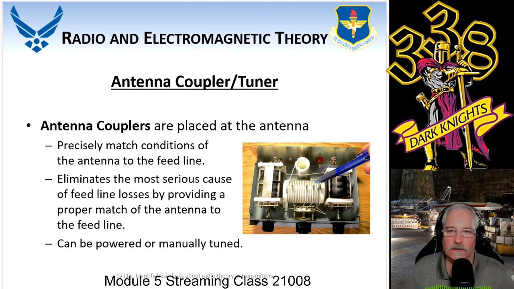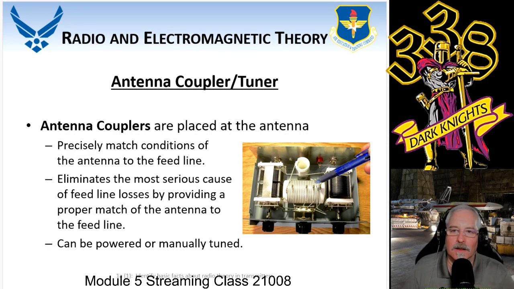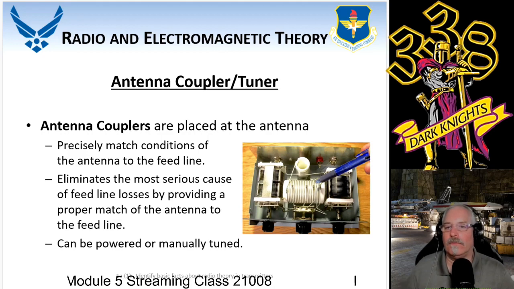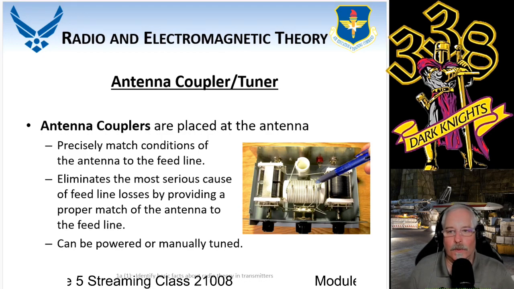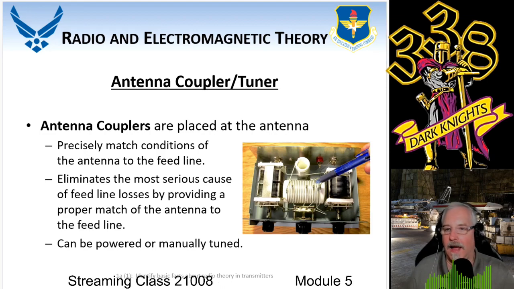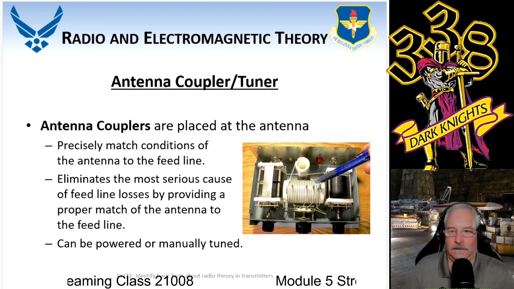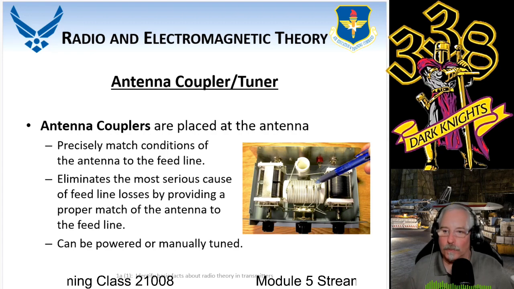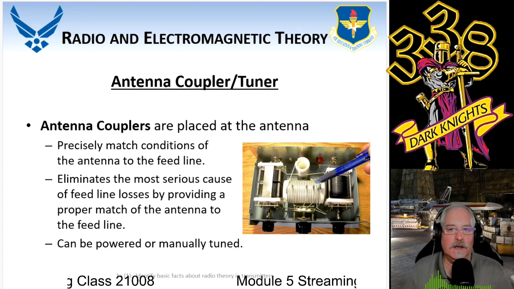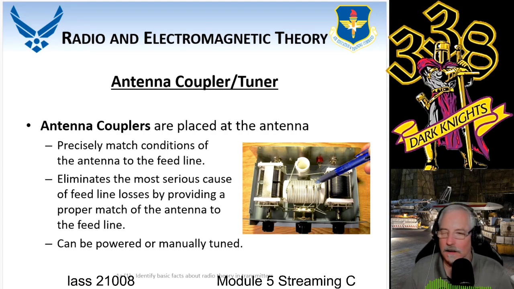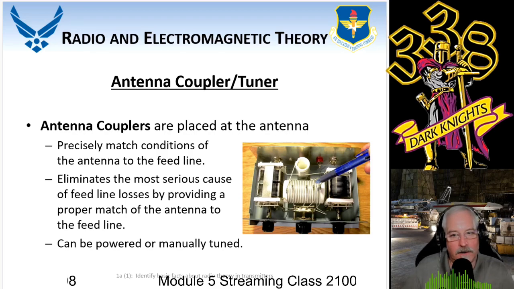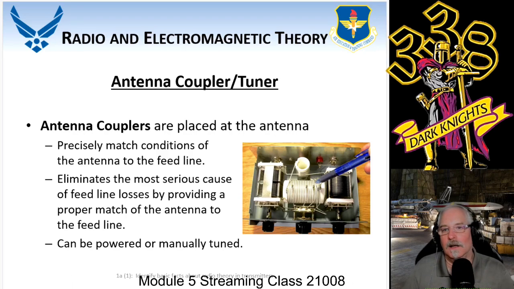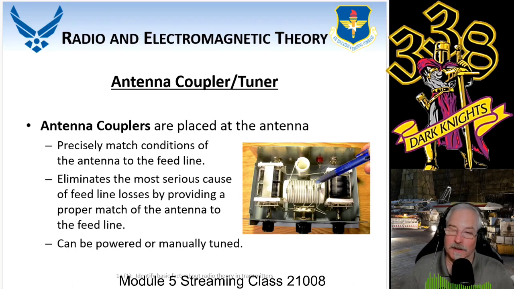The whole idea is to match the radio's frequency and the impedance that the radio and cable have to the antenna. So with radios, they're always 50 ohms. I've not seen a radio anything else other than 50 ohms internally. TVs, on the other hand, are 75 ohms. Don't get those two cables mixed up.